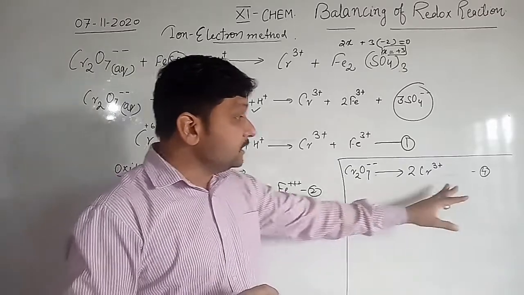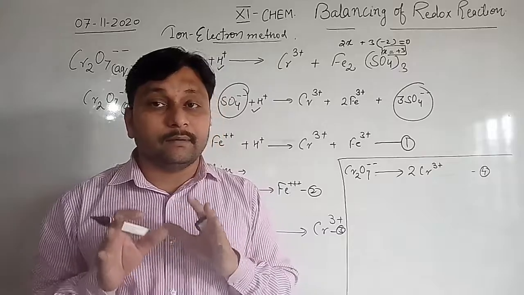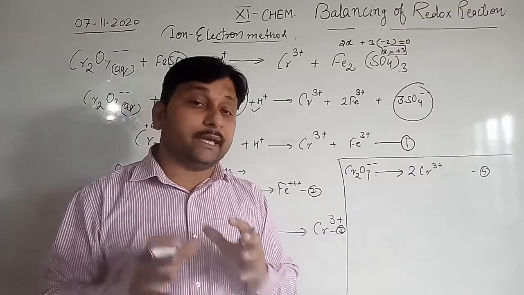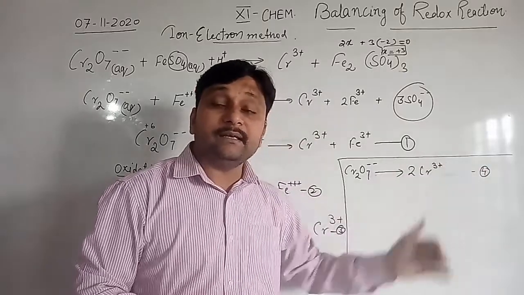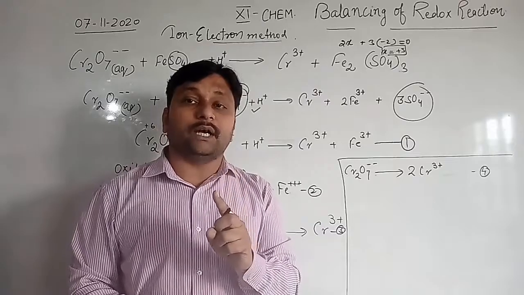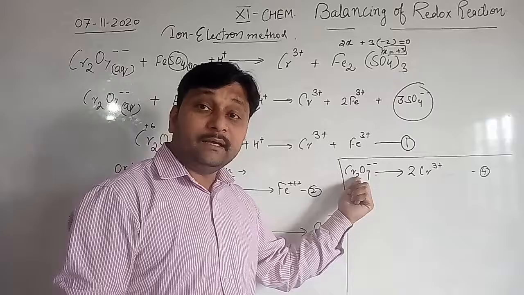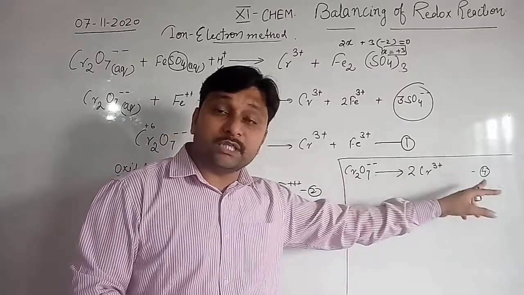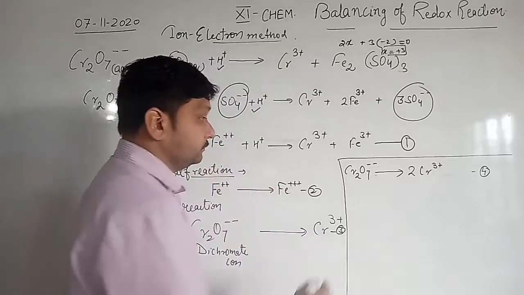It means this side 7 oxygens are less. So we can add 7 molecules of water on the opposite side, because 1 molecule of water contains only 1 oxygen atom.